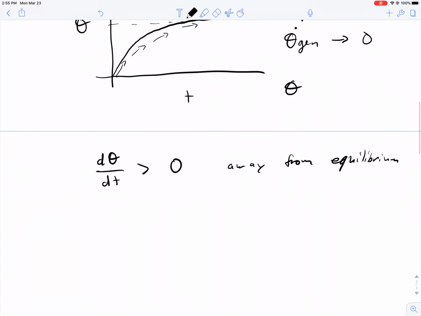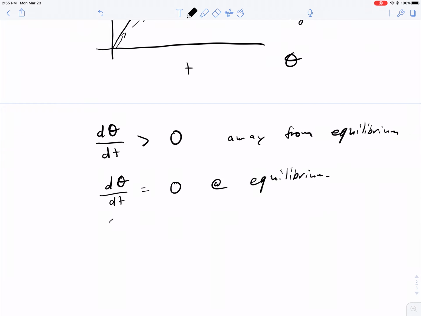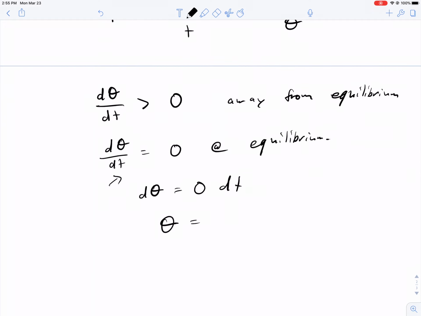But then d theta dt equals 0 at equilibrium, which means that the integration of d theta dt would become the integration of theta just being equal to some constant value at equilibrium.